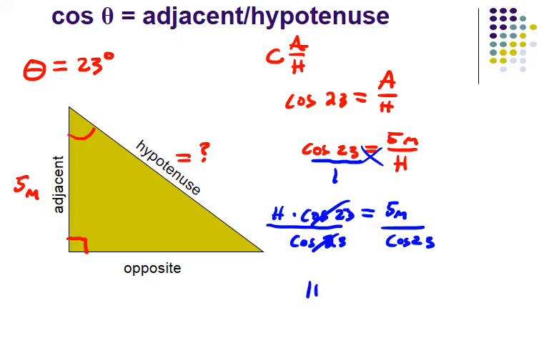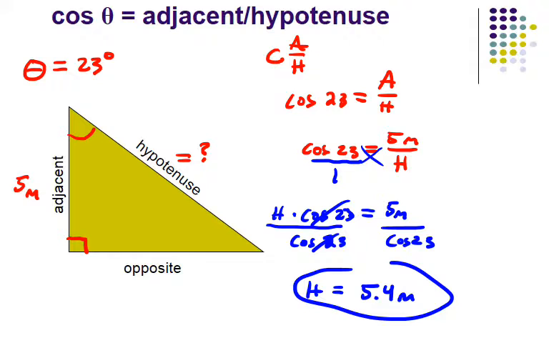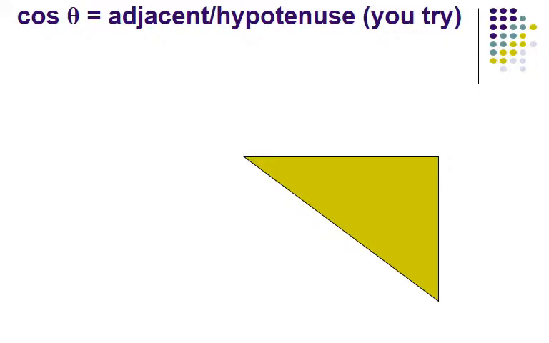So the hypotenuse will come out to be 5 divided by the cosine of 23, which is 5.4 meters. And that makes sense. It's the longest side, a little bit longer than the adjacent side, but with this angle being so small, that makes sense.